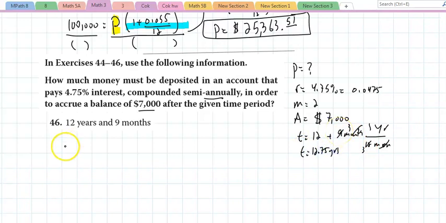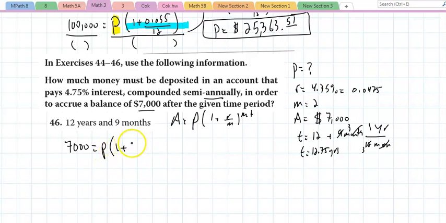Same as the problem before, 7,000 is what I want. Principal is what I'm looking for. 1 plus R over M raised to the MT. I suggest you write that as many times as you can. This way you'll really memorize it, which is something you should do. You don't have to for this class, but you should have that memorized. M is 2, raised to the 2 times 12.75.